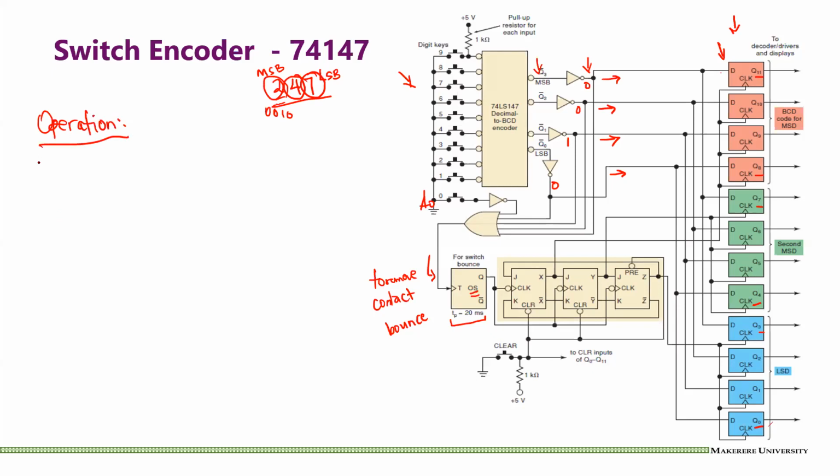The operation of this circuit, first of all, we clear. If you have seen how this is connected, this one is actually a ring counter. It is a ring counter, if you remember. As you can see, this is an X, Y, Z output.